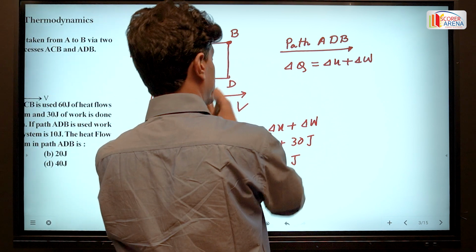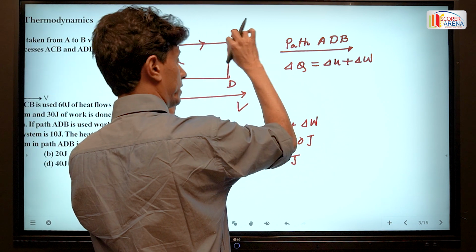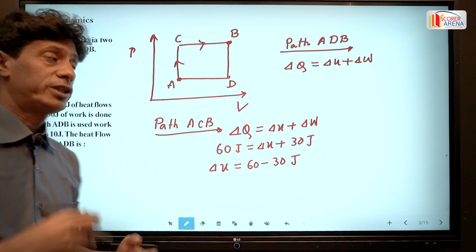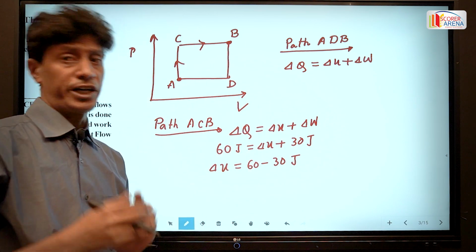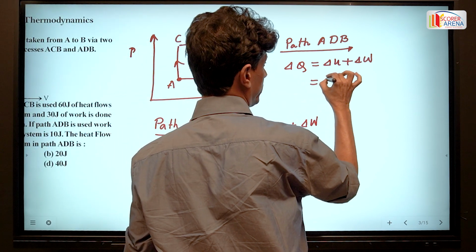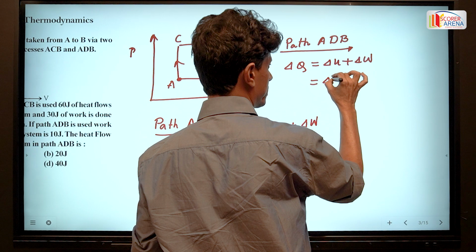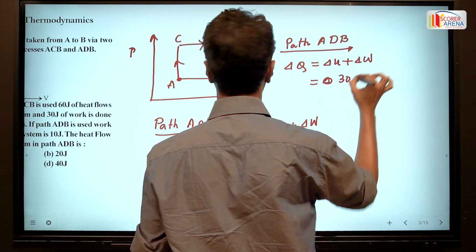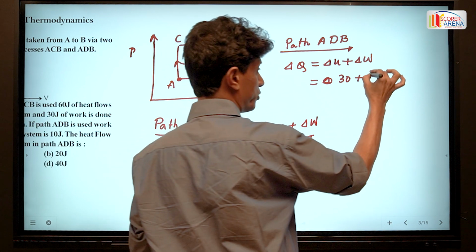Since internal energy depends only on the two states, it doesn't matter what path the thermodynamical process takes. So the internal energy change between these two states is 30 joule, and the work done given in the problem is 10 joule.